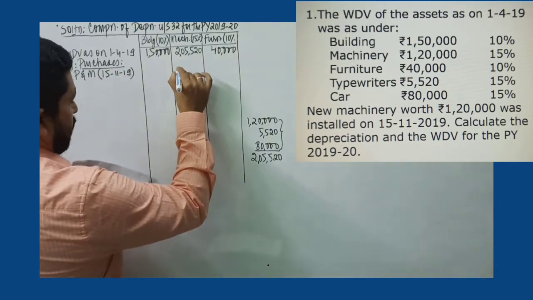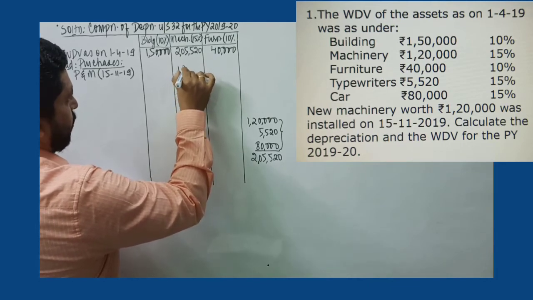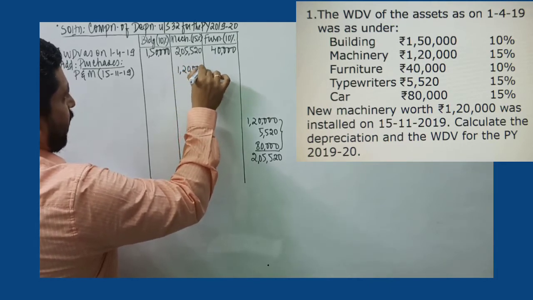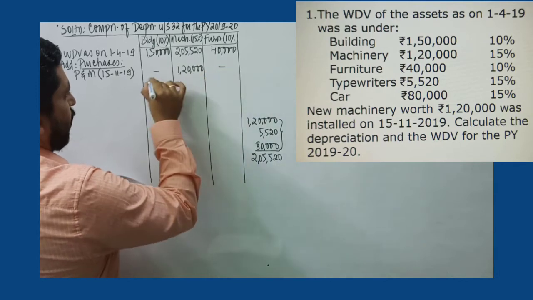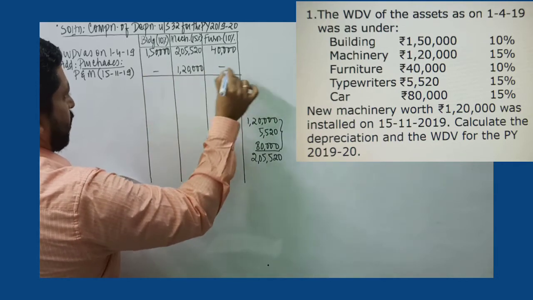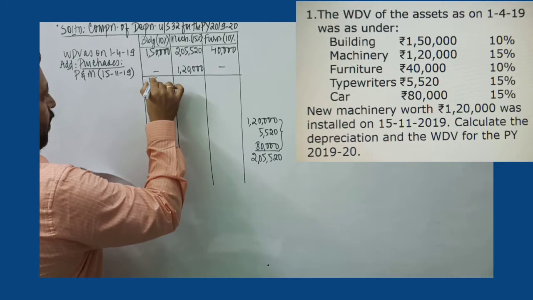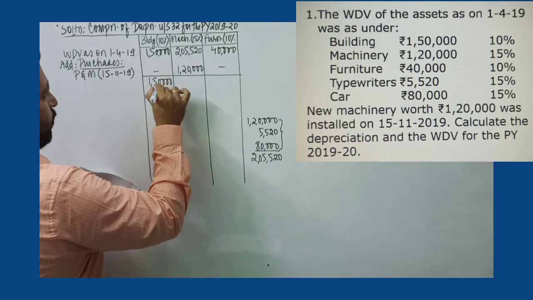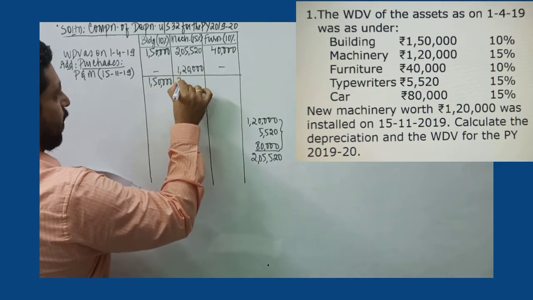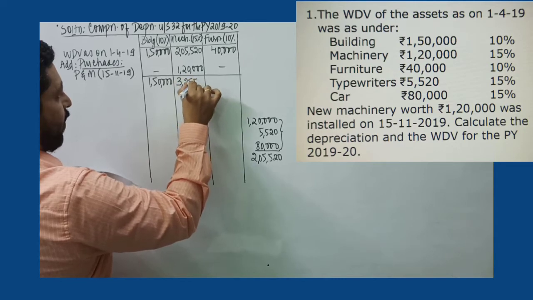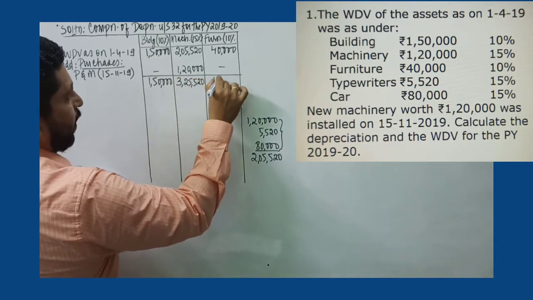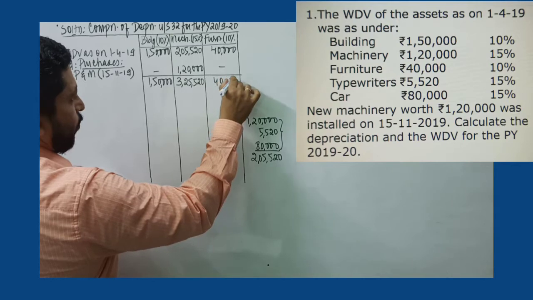So the value is 1,20,000. No purchases for building, no purchases for furniture. So I total this. I get 1,50,000. Here I get 3,25,520, and here I get 40,000 rupees.